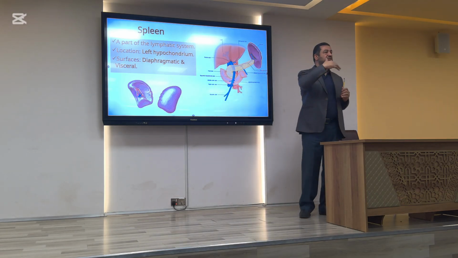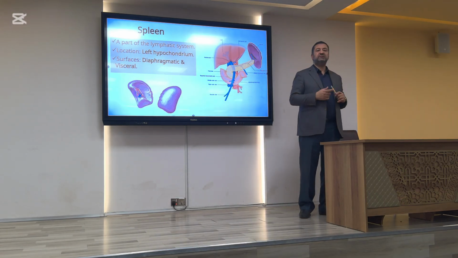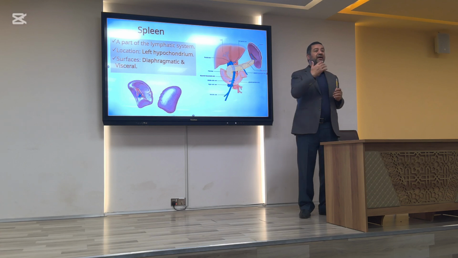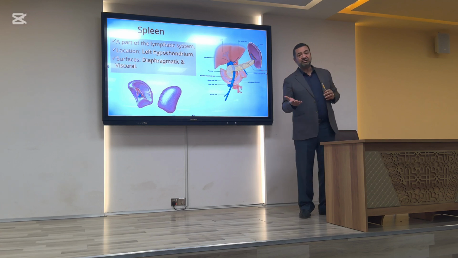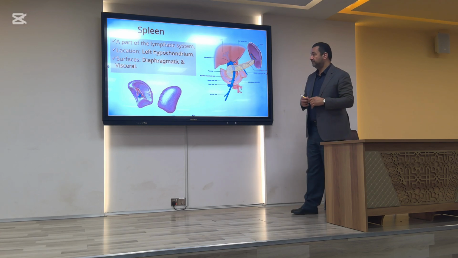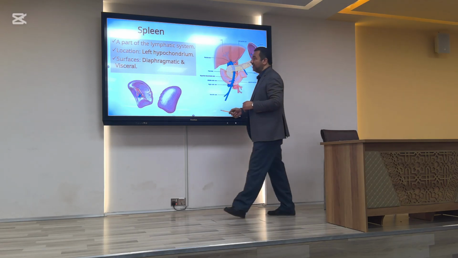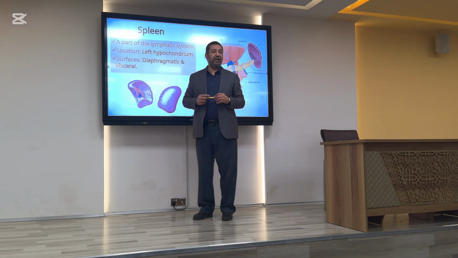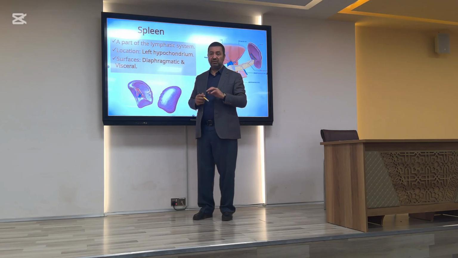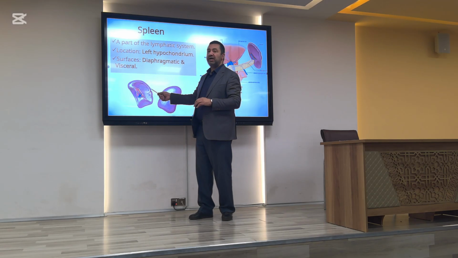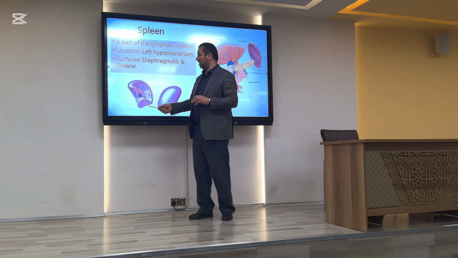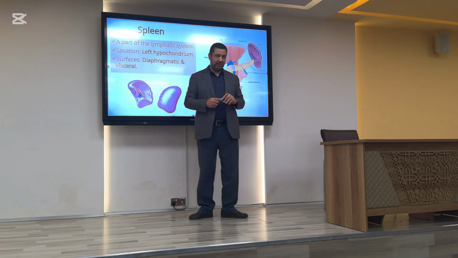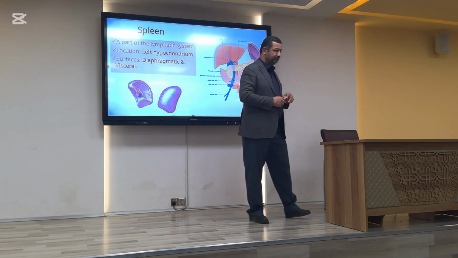The parietal surface, or costal surface, or diaphragmatic surface, is convex, and the visceral surface is concave. The visceral surface has a linear hilum and three depressions for relationship with the stomach, with the left colic flexure, and with the left kidney. Yeah?